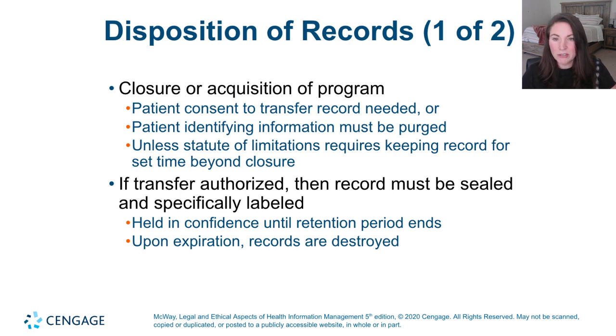If the patient does not authorize transfer, but the records need to be kept for a period, you have to place any paper-based records in a sealed envelope or a sealed container, and label that it has to remain confidential until X date, under X regulation or statute, and then can be destroyed after that date. Any electronic records have to be encrypted so that they cannot be accessed at all.